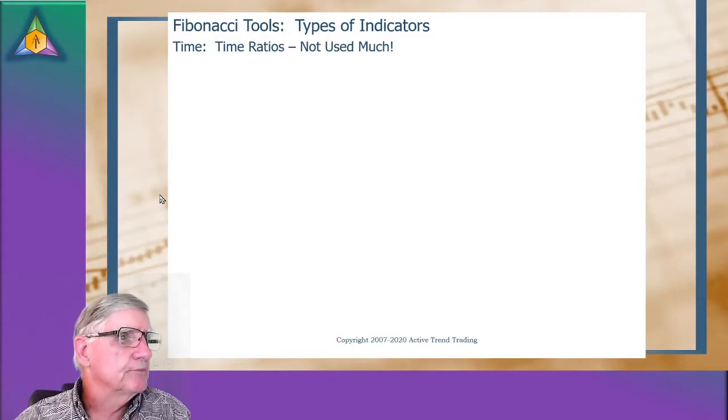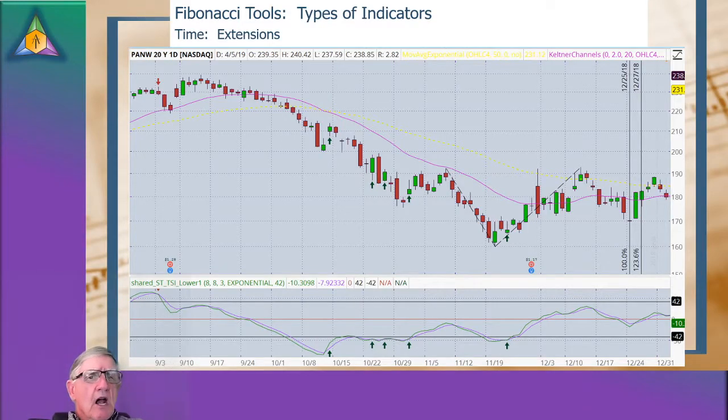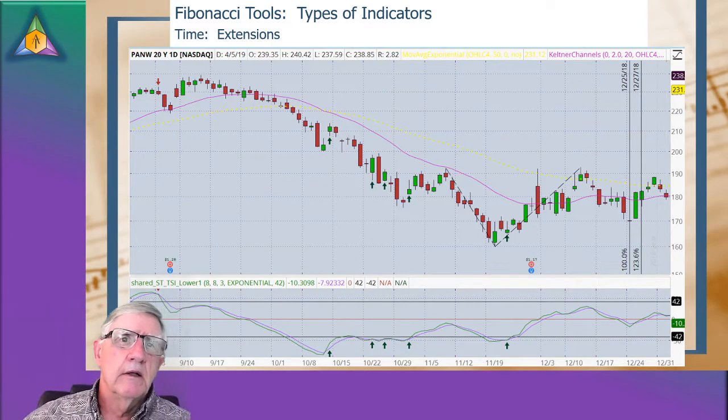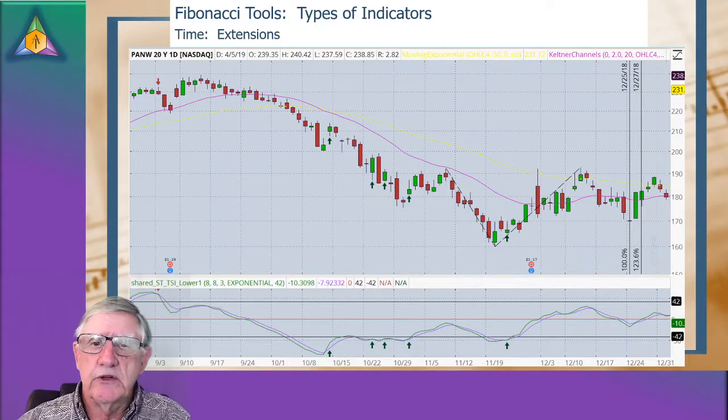Secondly, here's a good example. I want to first take a look at a time projection. Let me get my drawing tools up here. What I'm doing at this point is taking this move down and projecting it forward in time.